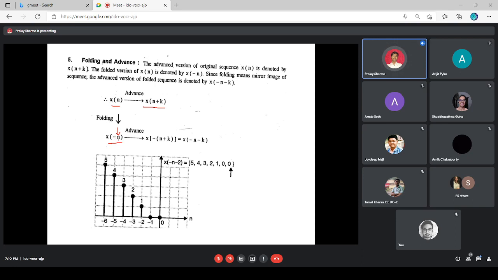We don't have to consider the sign. So n will be replaced by n plus k. Now the expression is like this, and the graphical representation will be this. The signal is shifted towards the left hand side by 2 units, that means the signal is advanced by 2 units.